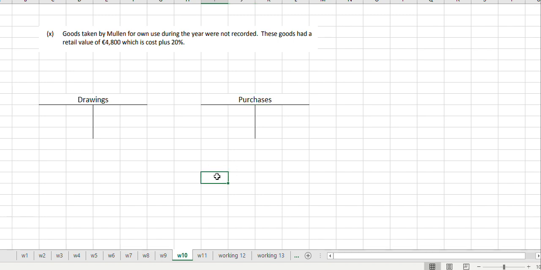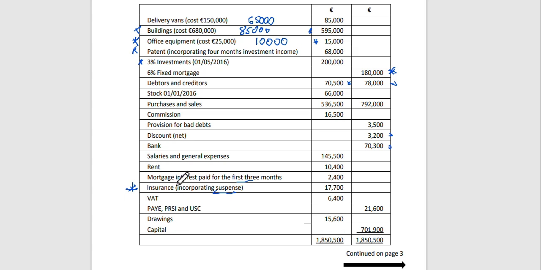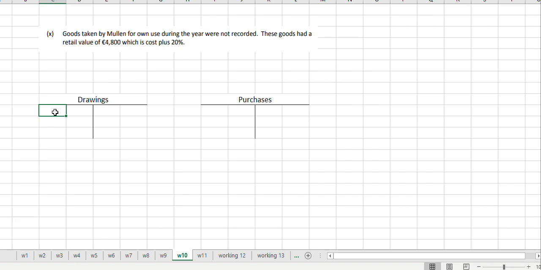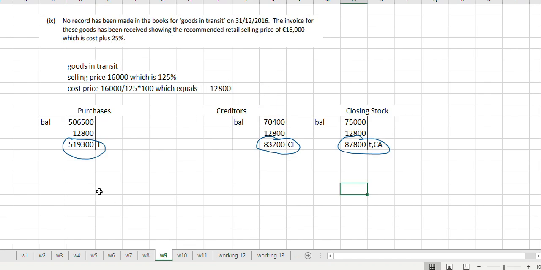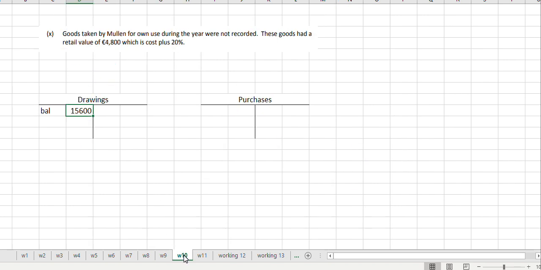We take it out of purchases. So the drawings figure from the trial balance is 15,600. The purchases figure, remember we just did that in the last note, 519,300, so we're going to change that again. What that tells you is the purchases figure is going to be worth a lot of marks when we look at the marking scheme.